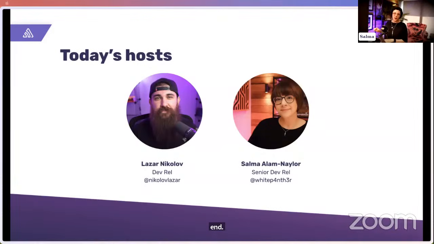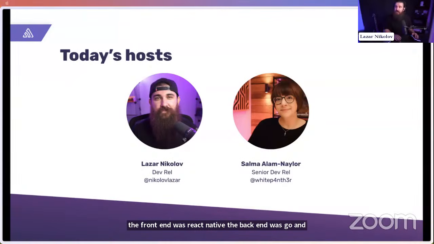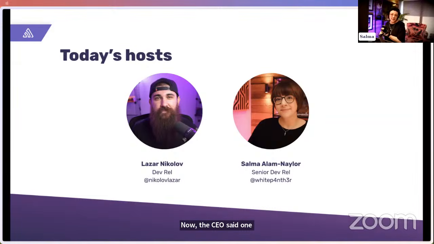So years ago, I was working for a company that doesn't exist anymore that was building a mobile app, and it was to do with energy utility switching. The front end was React Native, the back end was Go and Ruby, different APIs for different things. Now, the CEO said one day, login is taking 20 seconds. It's a front-end issue, please fix. And so, well, it's not as if we've got a sleep on the login button that's waiting 20 seconds. So we needed to find out what was wrong.